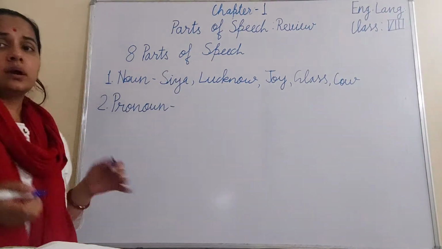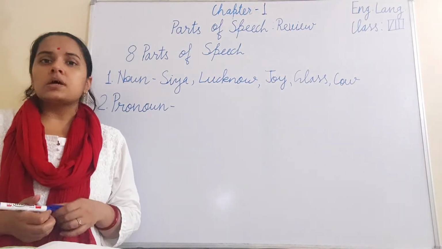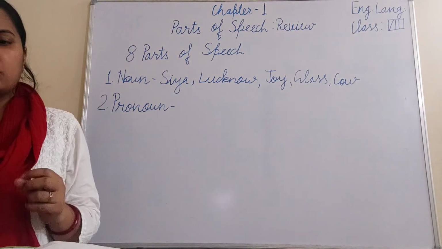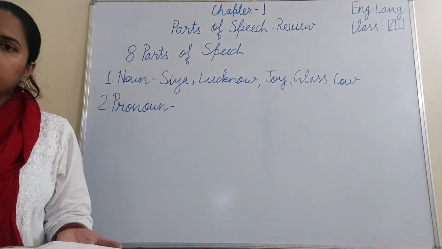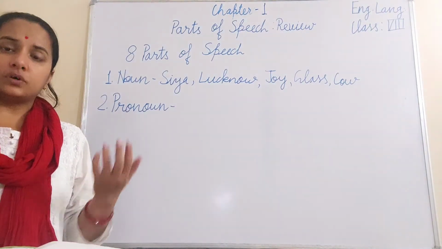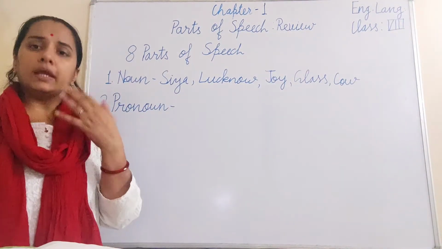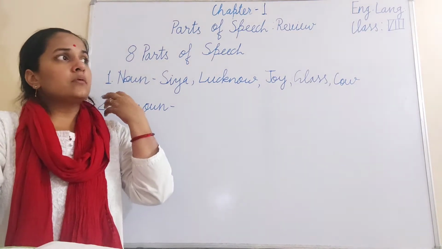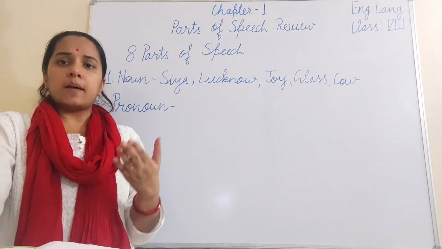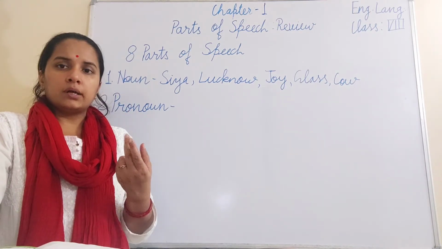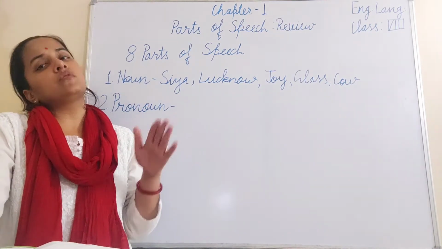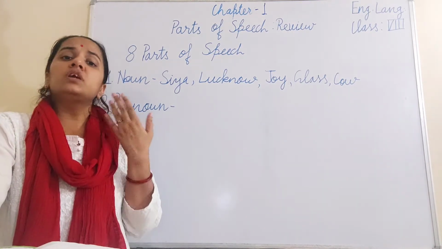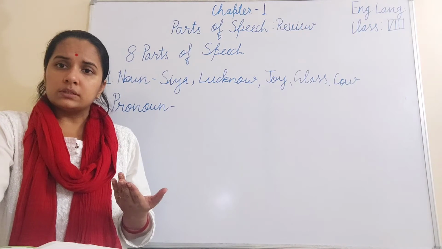What is the pronoun? Simply, the words which are used in place of noun are known as the pronoun. Whenever we are writing something, when for the first time you refer to something, you write the name, and the next time when you refer to the same thing, we usually do not write the name, but we use the pronouns.